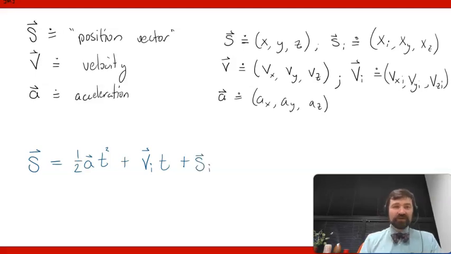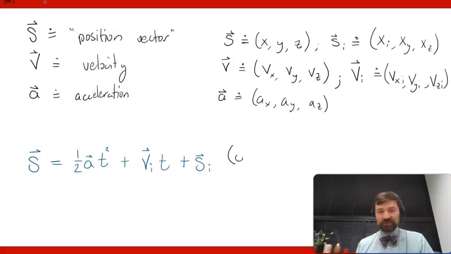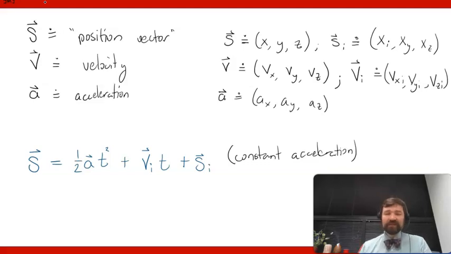And this is, of course, for constant acceleration. It's just that each of these terms now has more than one component to it. What does it mean that it has more than one component? Well, we'll get to that in just a moment.